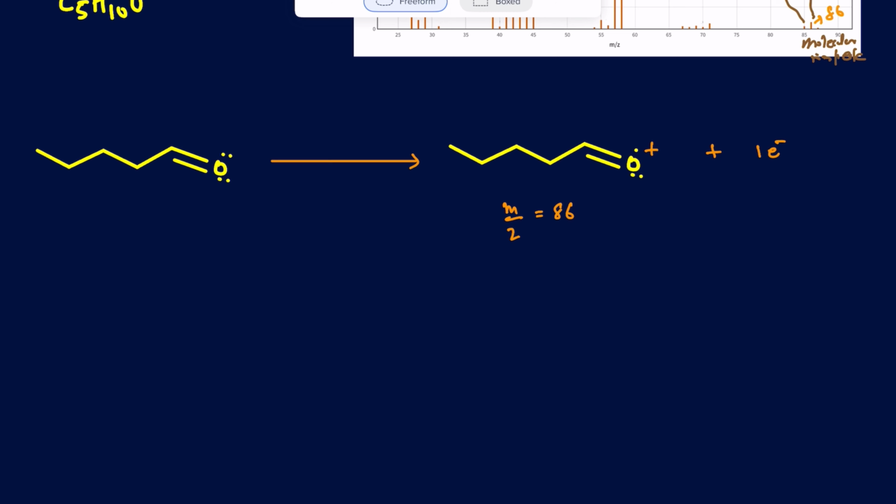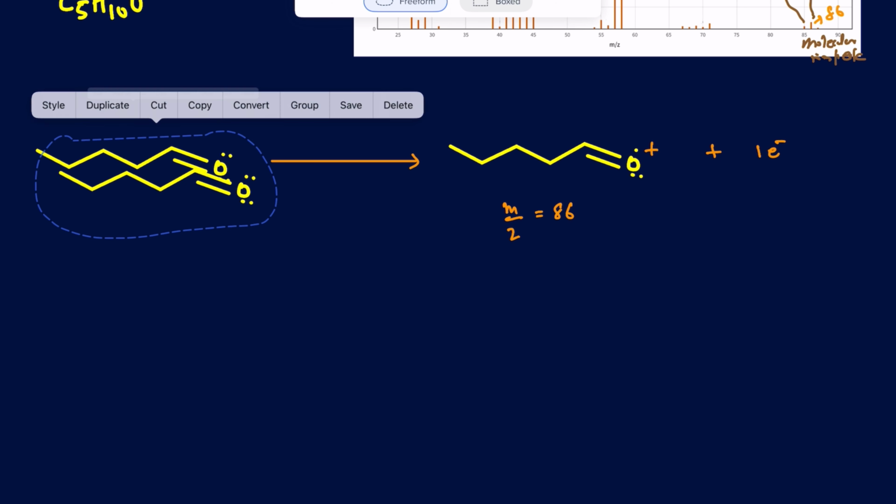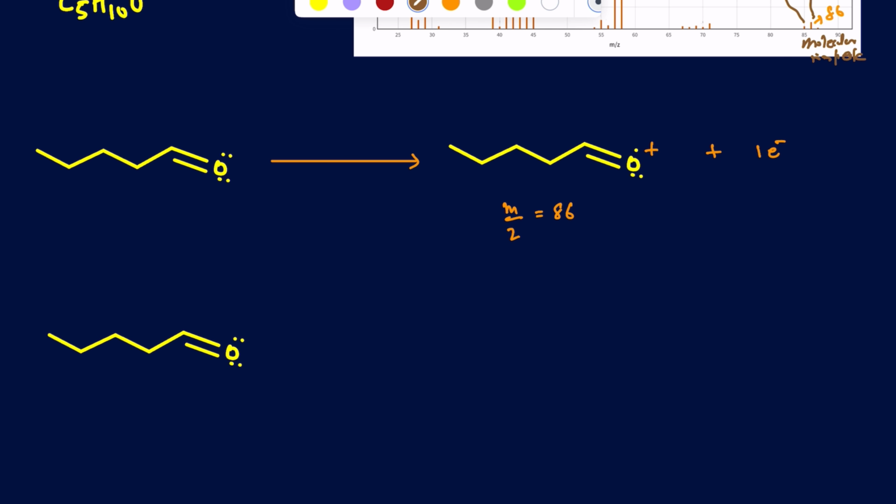So if I want to go ahead and break this apart, I know there's a hydrogen here. I'm just going to actually use the radical cation here. When I run the fragmentation, one fragmentation at the alpha cleavage would be if I do it right here.